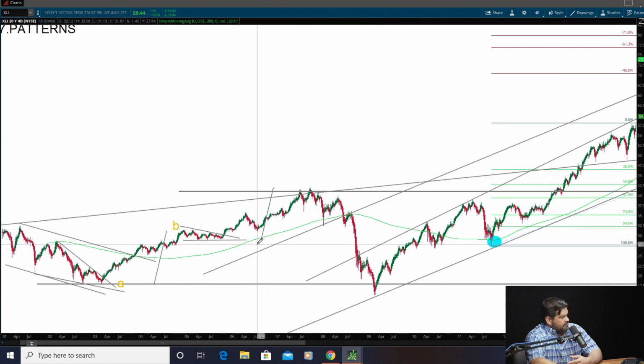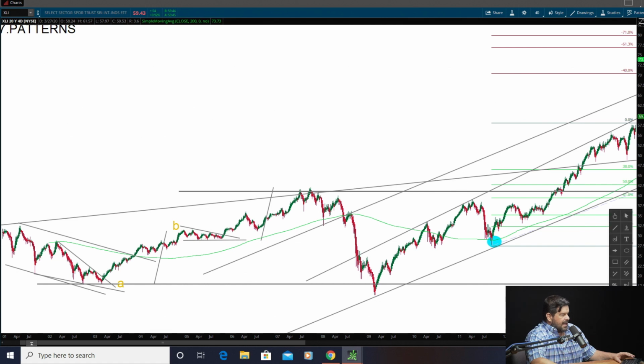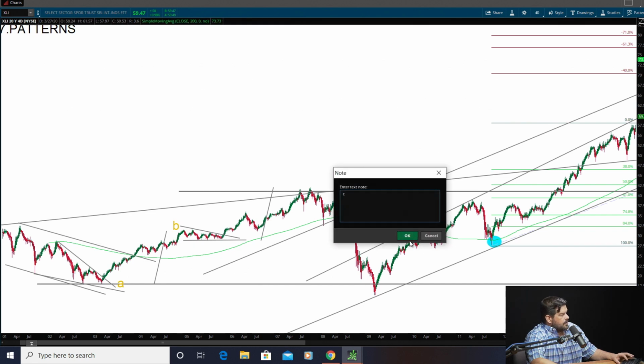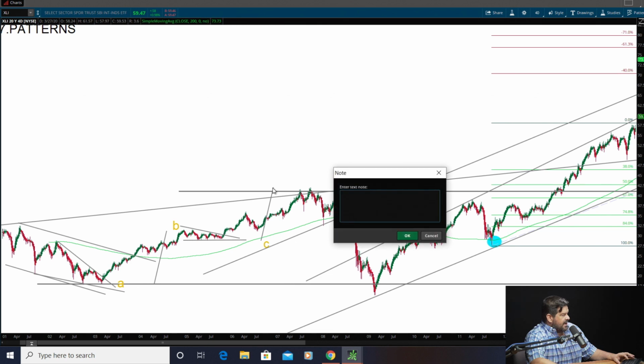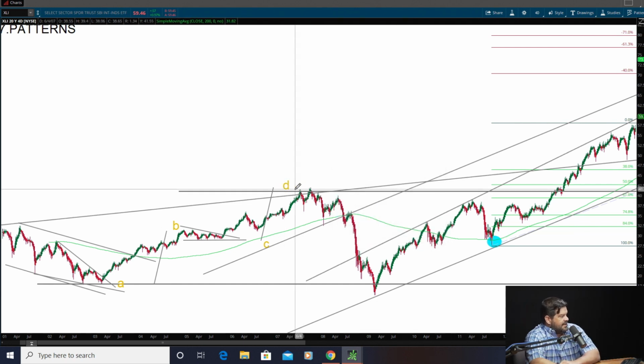It pulls back, and here becomes the C leg of this ABCD pattern, and then, of course, the finish on D. So you see that the line right there that I drew back here haphazardly comes up perfectly into this D, which is basically resistance, and it falls back off.